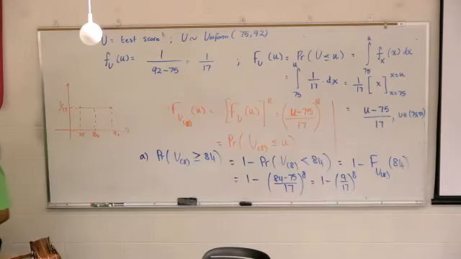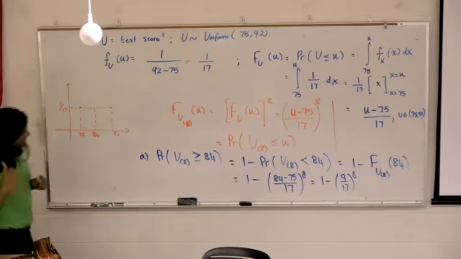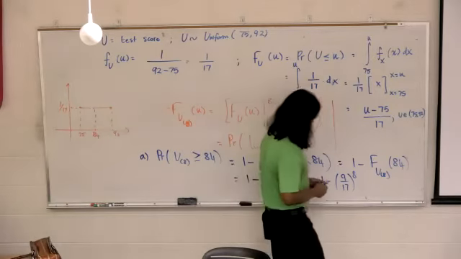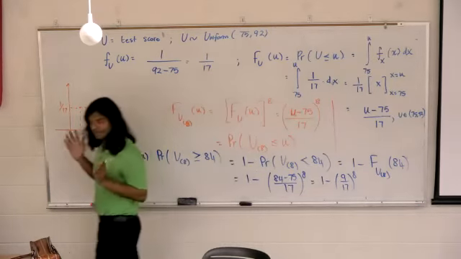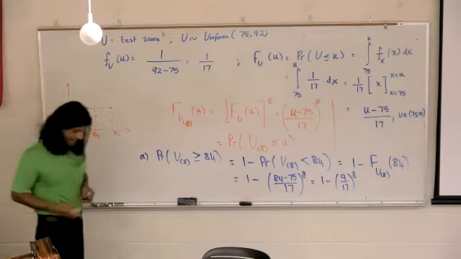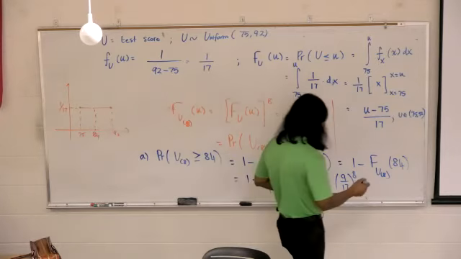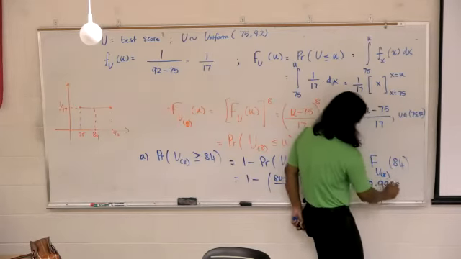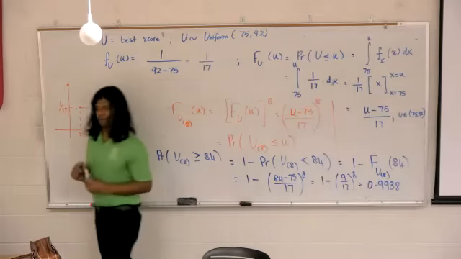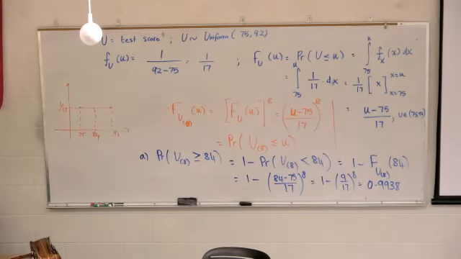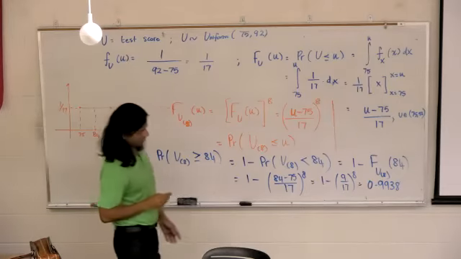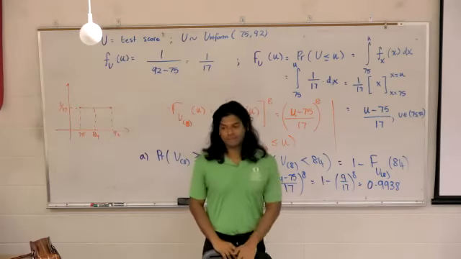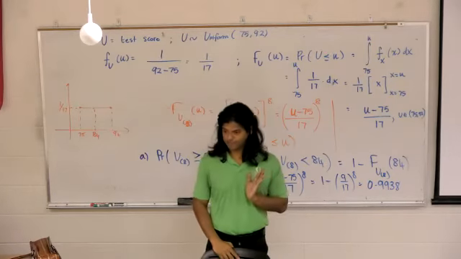You need a calculator. I plugged it in, and the final answer here is 0.9938. Even before we started, we came to the conclusion that it has to be a very high probability.